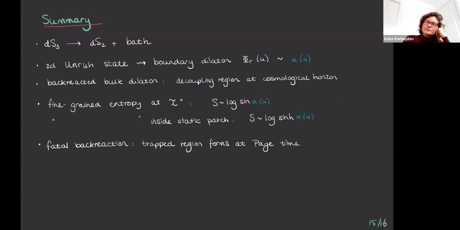Then we looked at the backreacted bulk dilaton to signal another decoupling region, but this time close to the cosmological horizon. So both future infinity and the cosmological horizon are non-gravitating regions in this setup. This allowed us to compute both the fine-grained entropy at future infinity and inside the static patch.